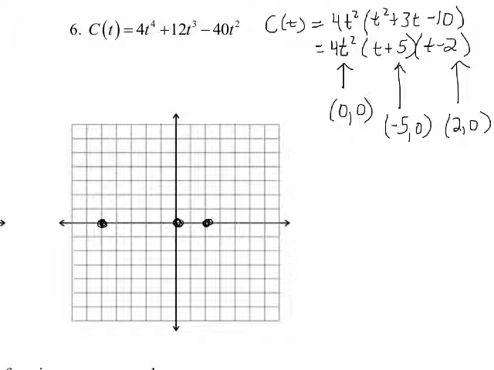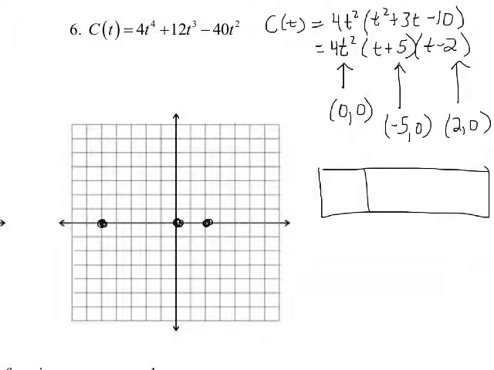And for the sake of creating a nice graph, let's grab a couple extra points. Let's go with 1, and we'll go with -1, and, I don't know, let's go with -4.